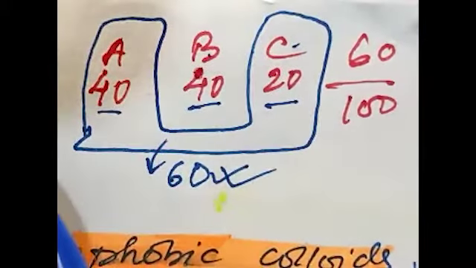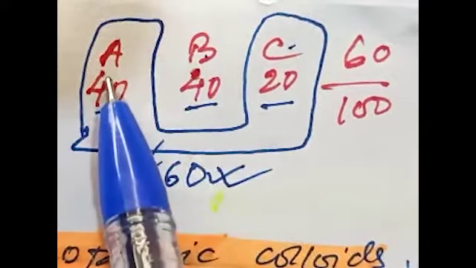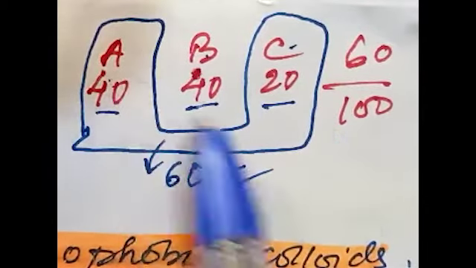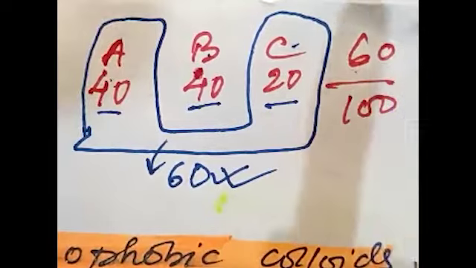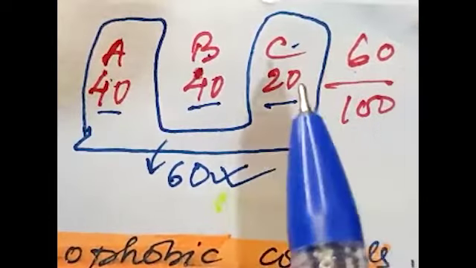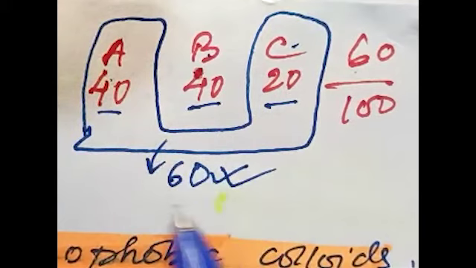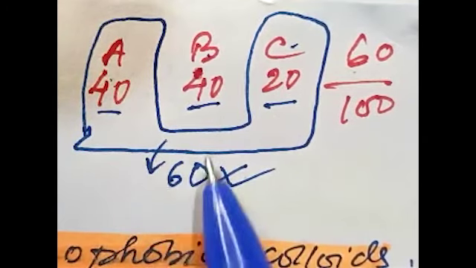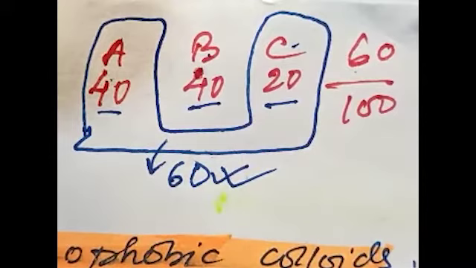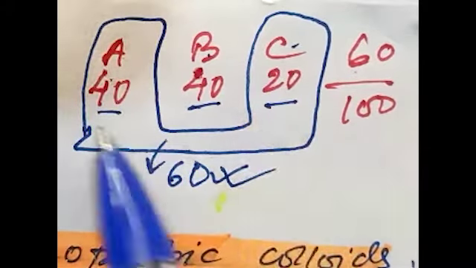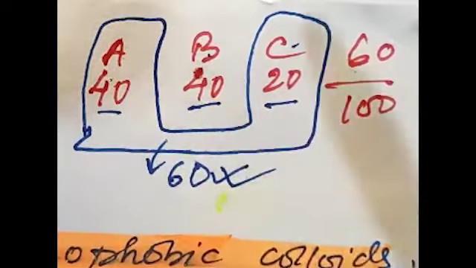So they are eligible to form the government. Now they are not original winners, right? A and C, they are not original winners. But when they combine, they have made the qualification as a ruling party. By combining, they have become the ruling party.